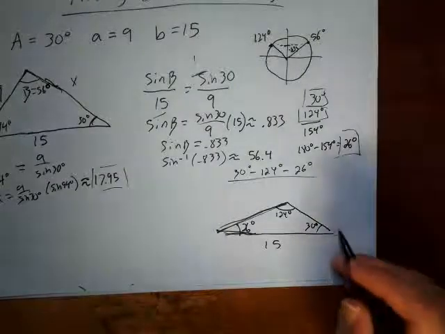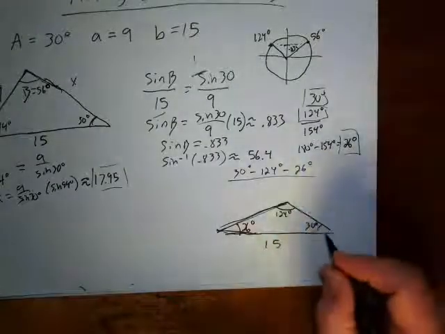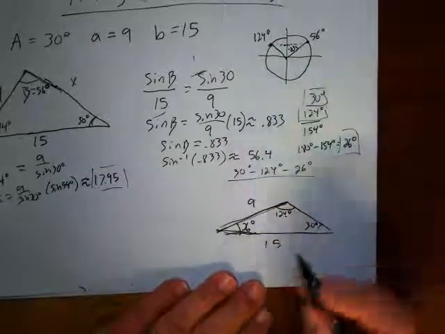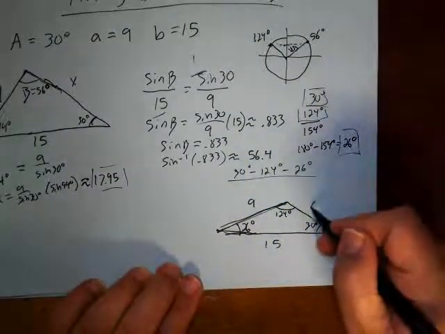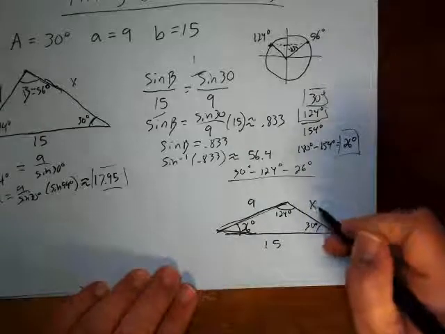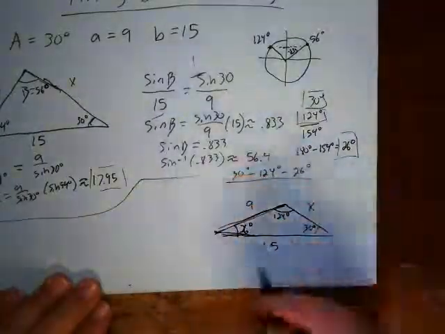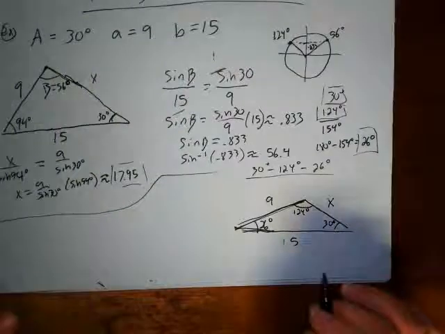And so now I can solve this triangle. So this is 9, this is 15, and now I can find this missing side. We'll call that x over here. So we have that triangle, we have this one.